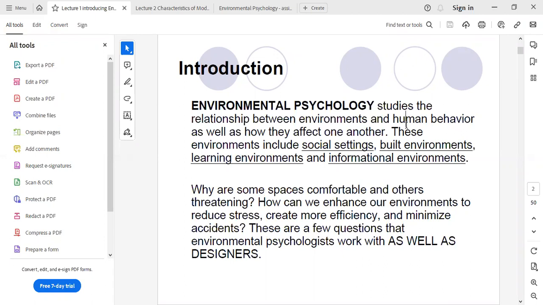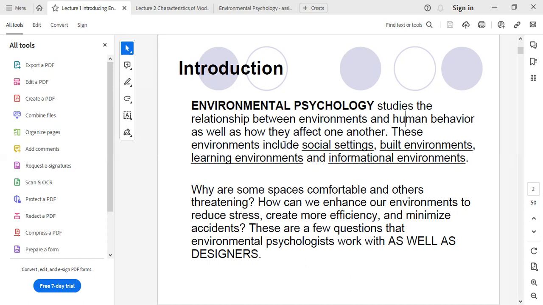Learning environments, environments that give us a chance to learn through the structure of the buildings, through the mechanism and the alignment of such environments. And then comes the informational environment. Then I go to libraries, what else again? Museums. It can also be part of informational environment as well.